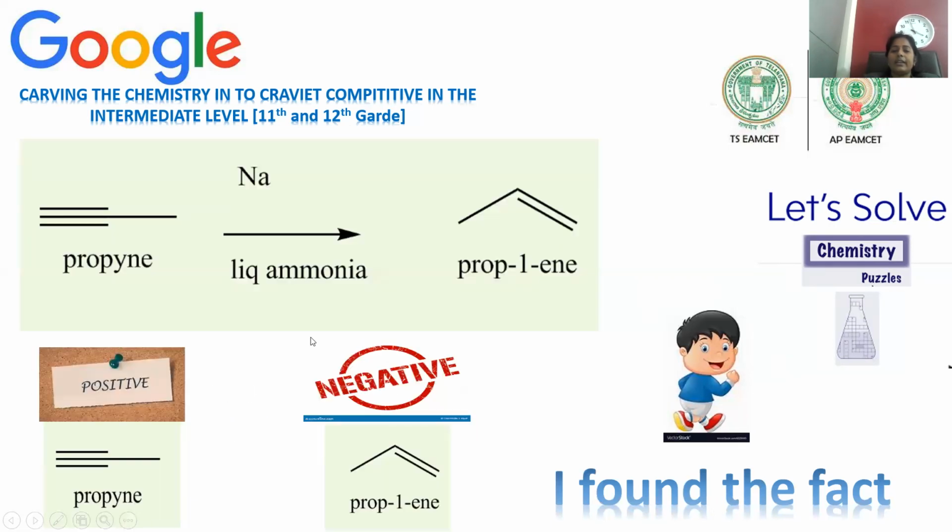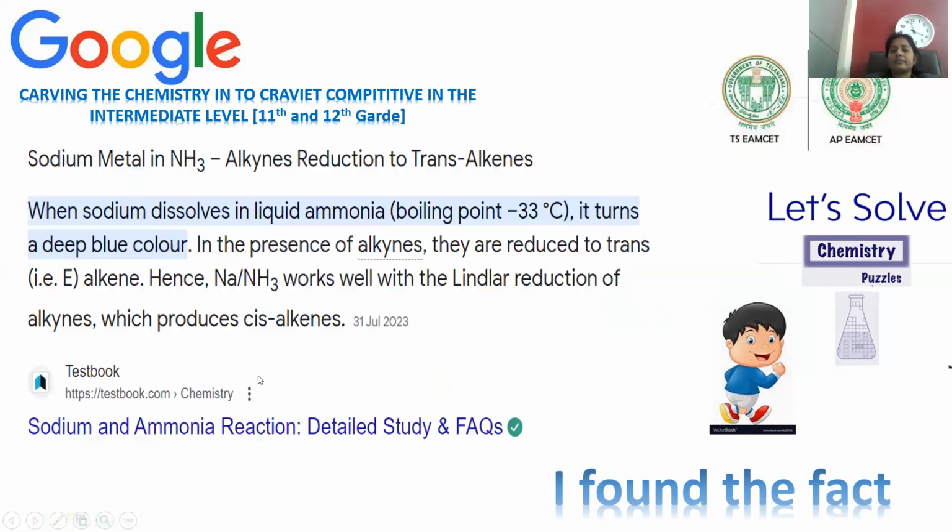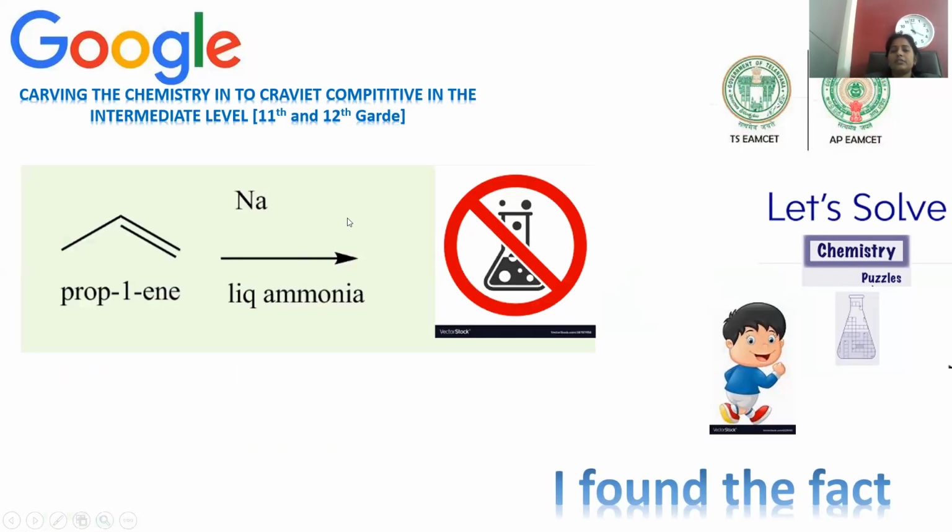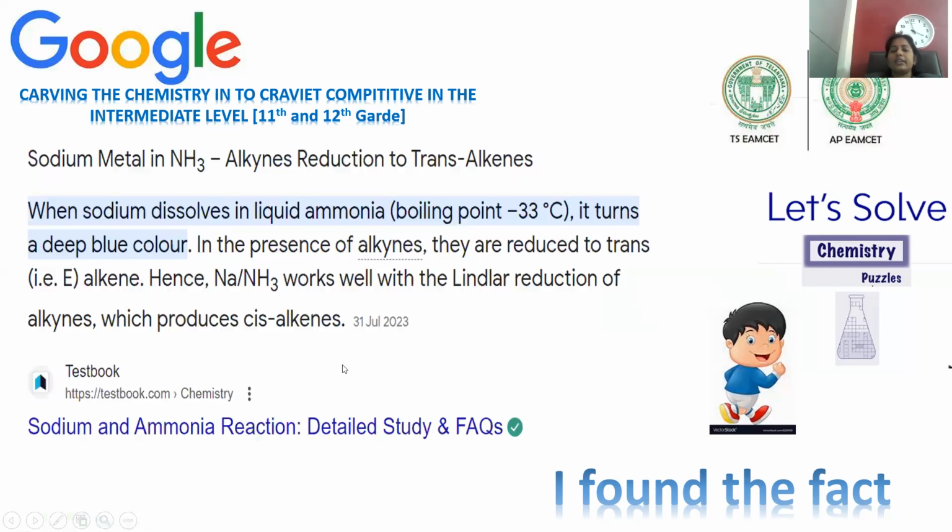So that I can identify. Propyne gives a positive reaction and gives a propene molecule, but propene is negative, it will not react. I identified it by means of sodium dissolved in liquid ammonia. One is reacting, one is not reacting, so I can say this is the distinguishing test.